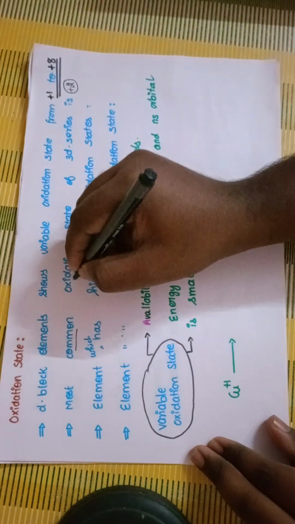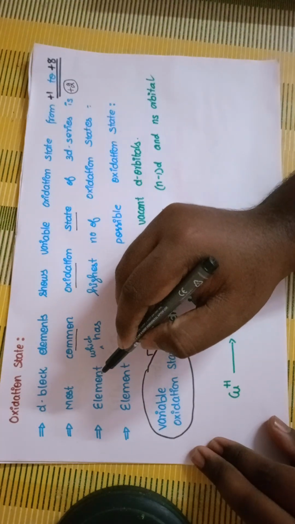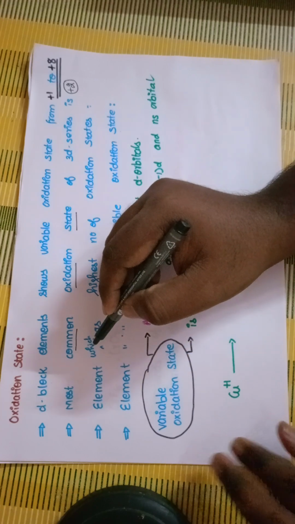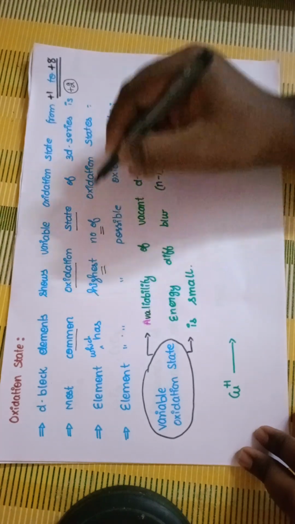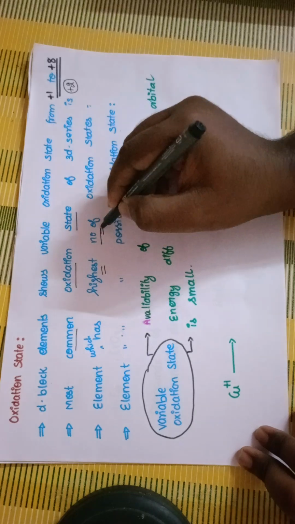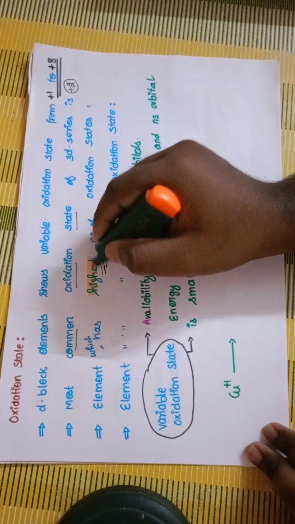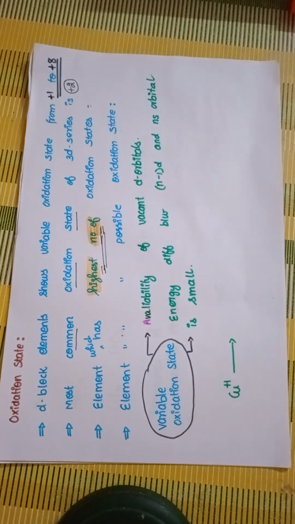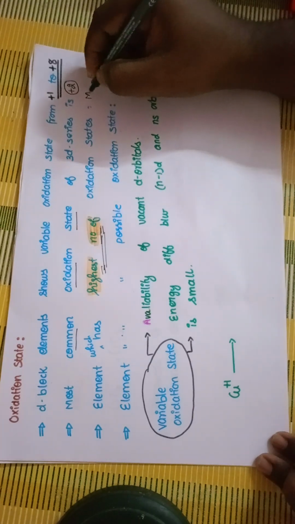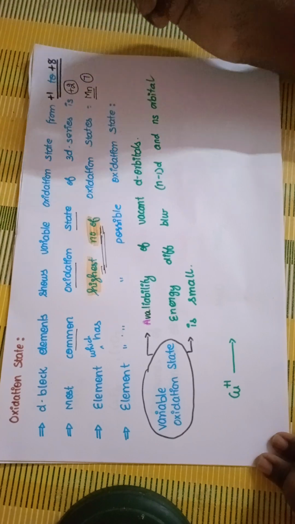The element which has the highest number of oxidation states is manganese. It can exhibit oxidation states from +1 to +7, so 7 possible oxidation states.